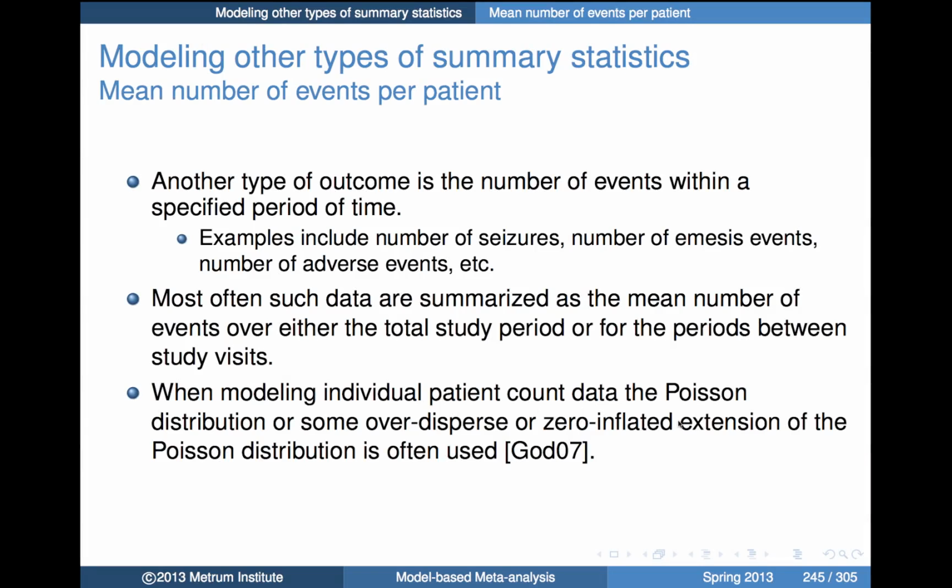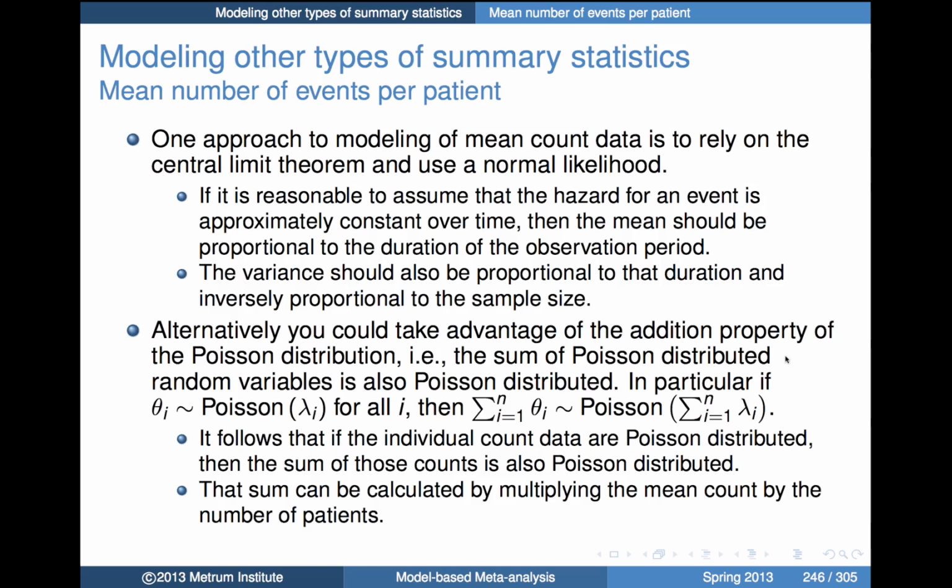So, again, in the simplest case, it might be something like a Poisson distribution where the mean event rate is going to be some function of various independent variables, including things like dose, time, as well as the duration of the interval.